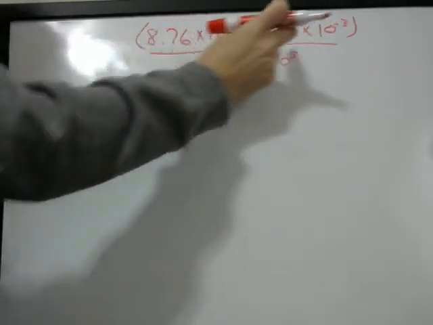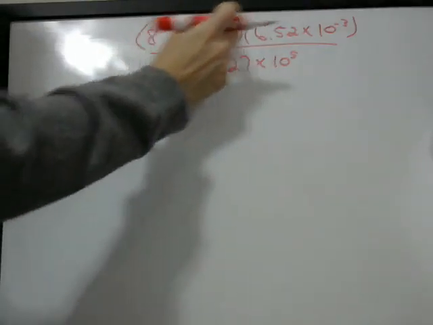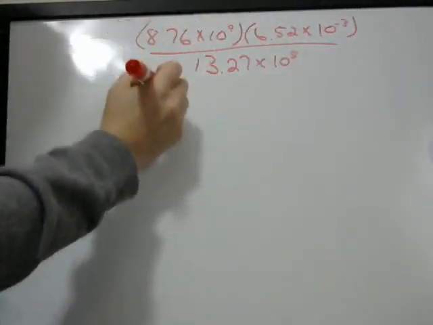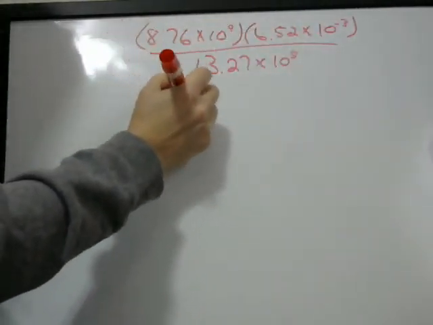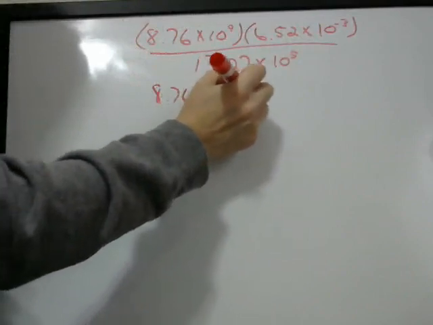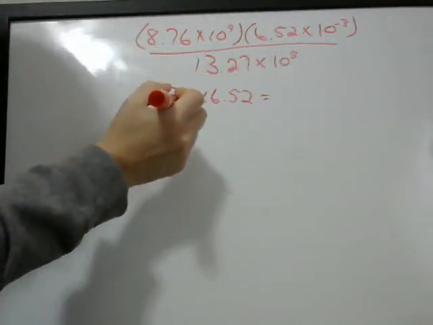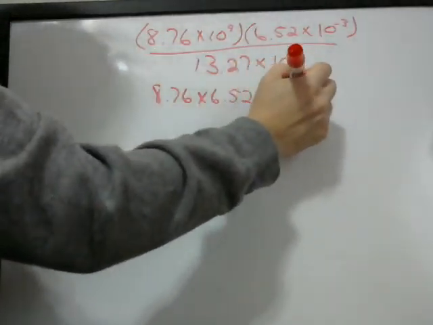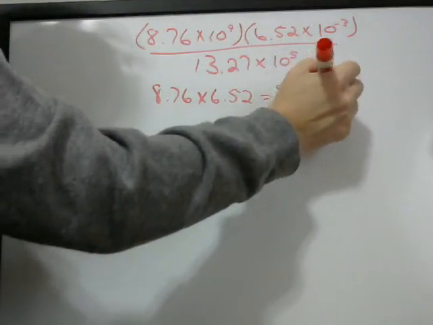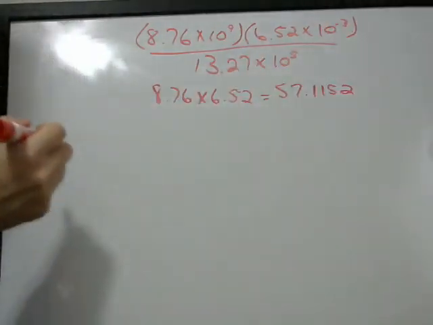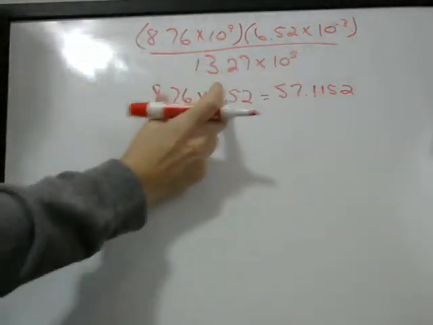You're just going to do the operation on the base numbers, and then I'll show you how to deal with the tens. So here we're going to have 8.76 times 6.52. Since this is a multiplication, we're just going to multiply these two numbers. You're going to end up with 57.1152. So that'll be the base part of our answer.